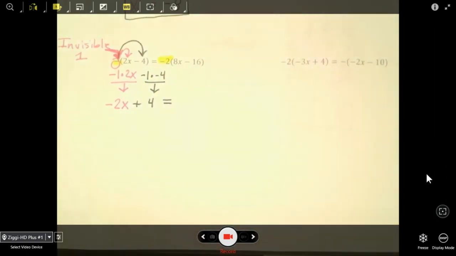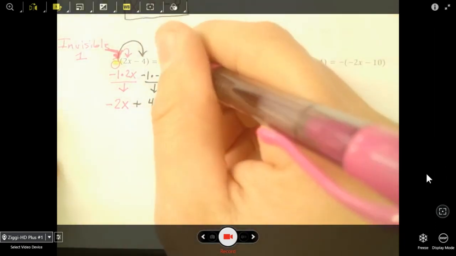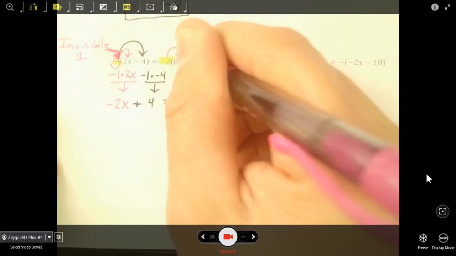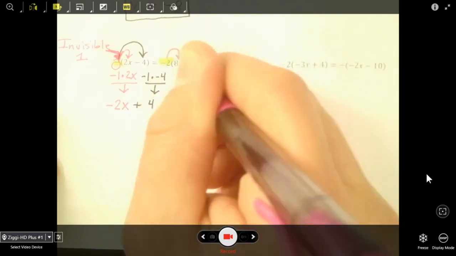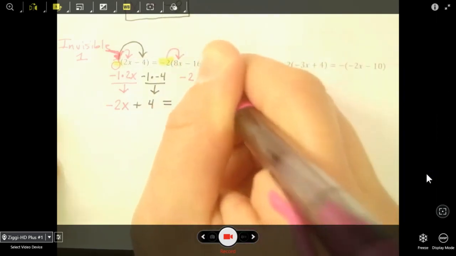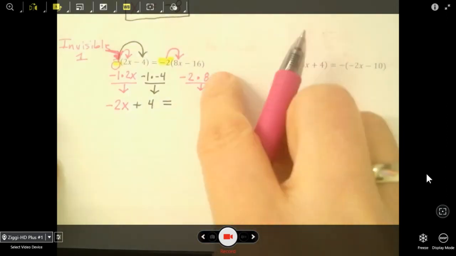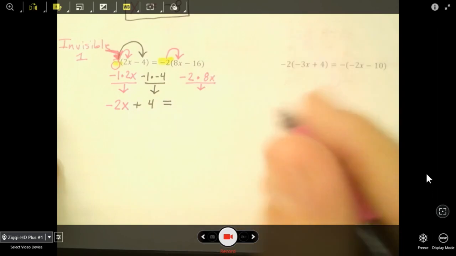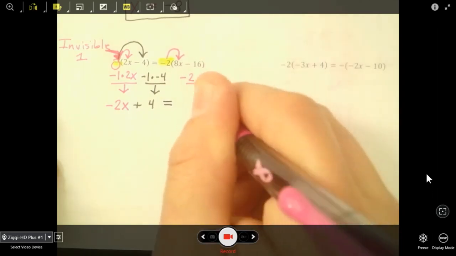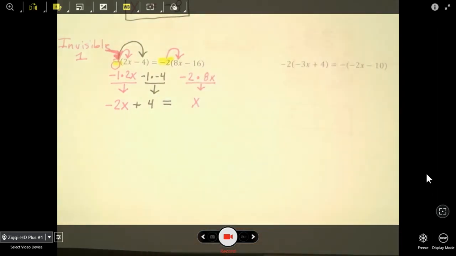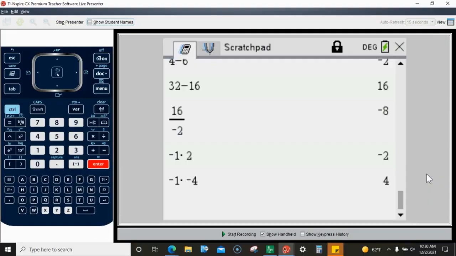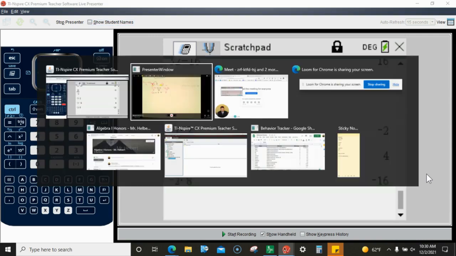And now we have to distribute this value right here, -2, to +8x. So -2 times 8x. I'm going to multiply the -2 to the coefficient. It's going to give me my answer, and that's going to be some value times x. So -2 times 8 gives me -16.